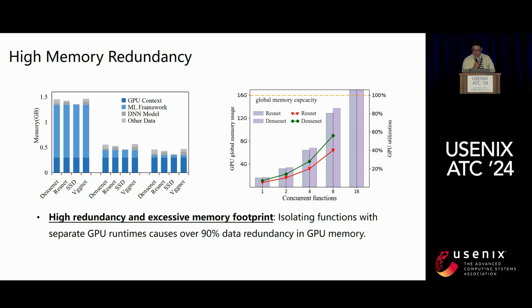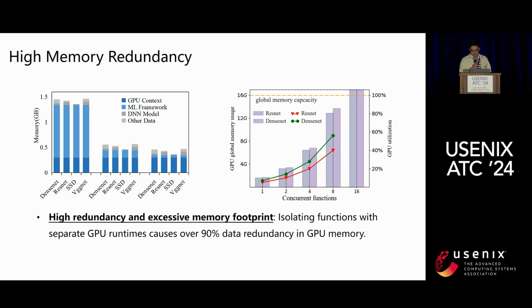We can see that as the blue part in the figure on the left. Actually, the GPU runtime can be shared among functions in an application, as the development setting of an application is usually the same. Therefore, initializing separate GPU runtimes leads to significant data redundancy and limited deployment density.